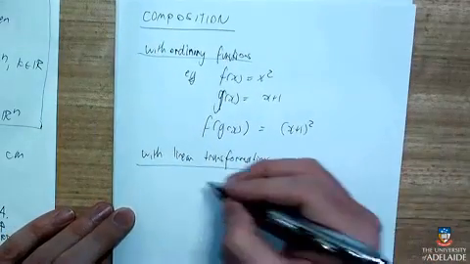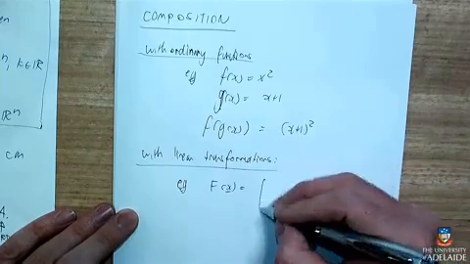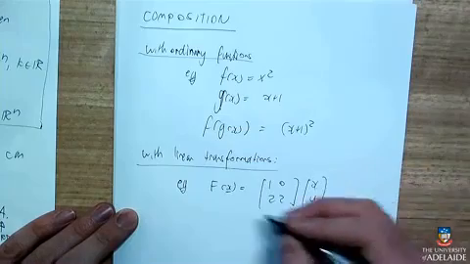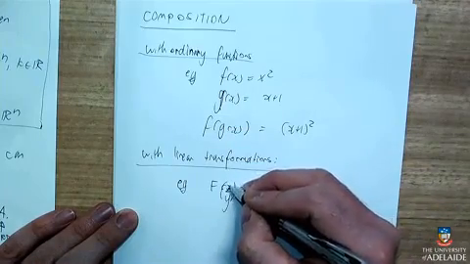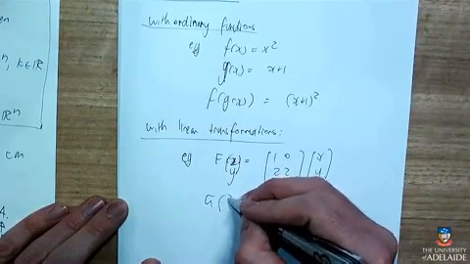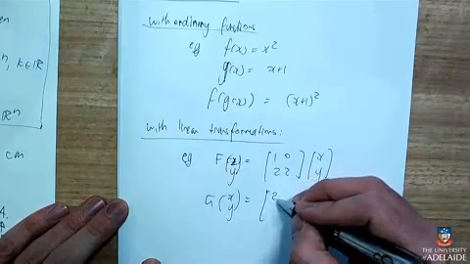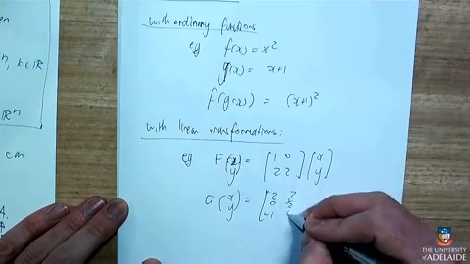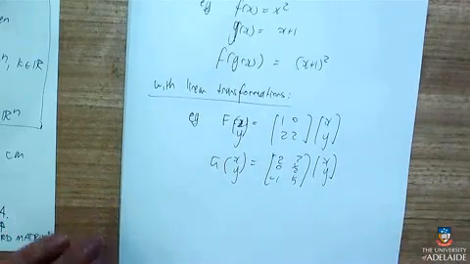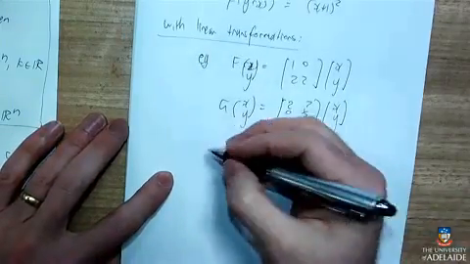With linear transformations, you might have f of the vector (x, y) being the matrix [1, 0; 2, 2] times (x, y). And you might have g of (x, y) being the matrix [2, 0; -1, 7; 1/2, 5] times (x, y). And so you would do f of g, let's do it the long way.